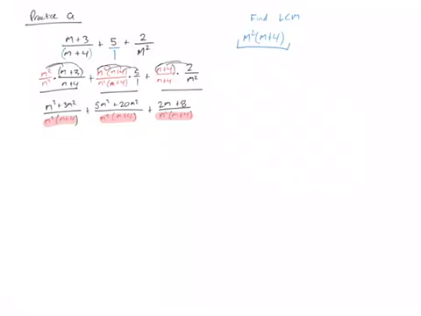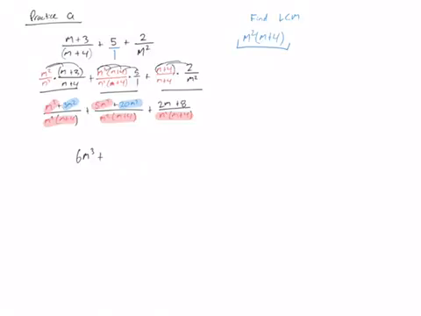So I'm noticing I have some m cubed here and here, so I'm going to add those together. 5 of them plus 1 more is going to be 6. 6m cubed plus, I have some m squareds and some m squareds.